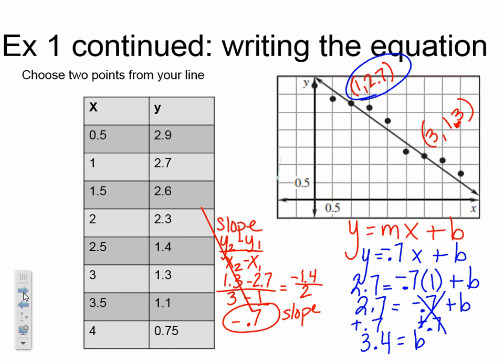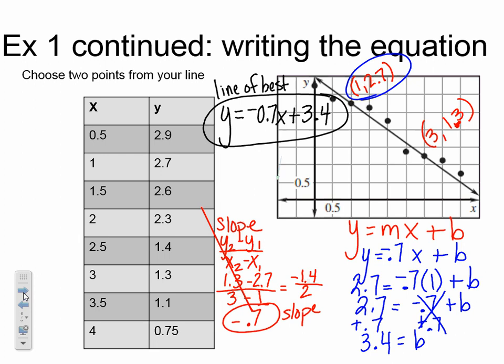So to finish up this problem, my line of best fit would be y equals my slope, negative 0.7, meant to put the 0 in front of the decimal, negative 0.7x plus my b, which we just found, 3.4. This is my line of best fit, the way I have it drawn.